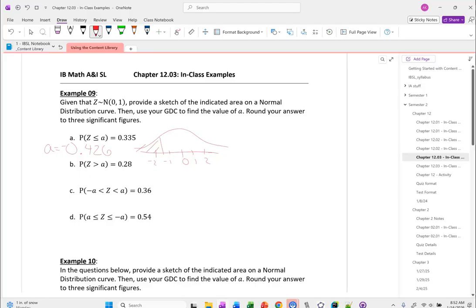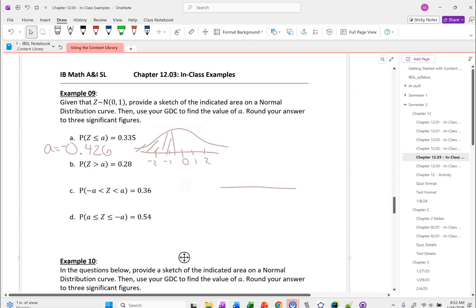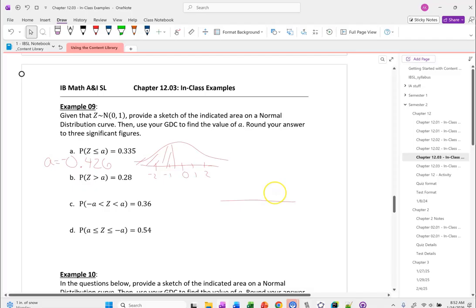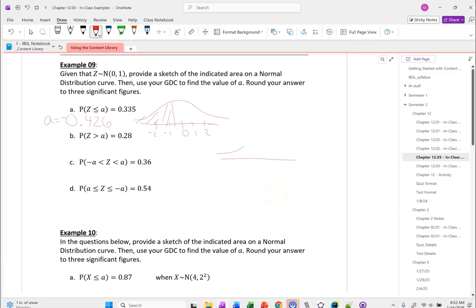All right, Lucas, we missed you the first go around. Can you do part B for us? Where do I find CDF in that?